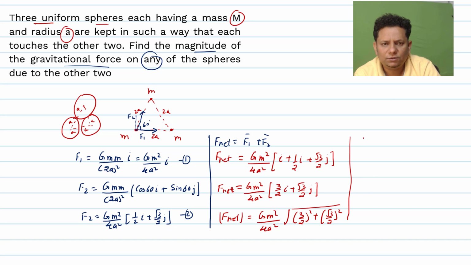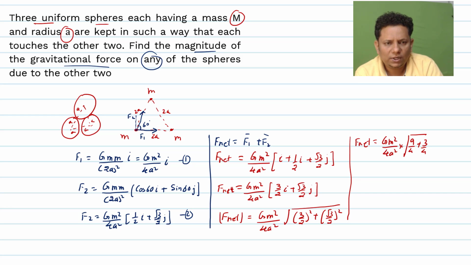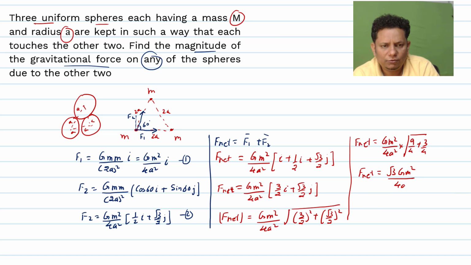Alright, this will be equal to G M square divided by 4a square multiplied by the root of 9 by 4 plus 3 by 4, which adds up to 12 by 4. The 4 will cancel out, leaving 3 on top. So your F net has come. This will be equal to root 3 G M square divided by 4a square.